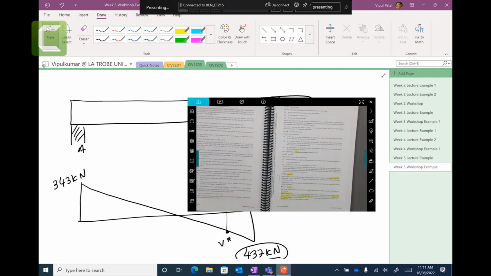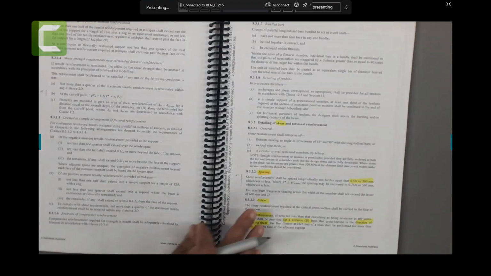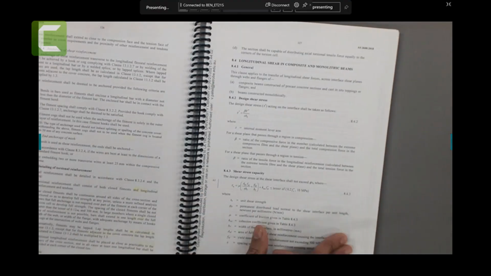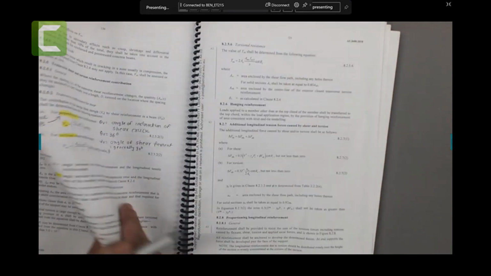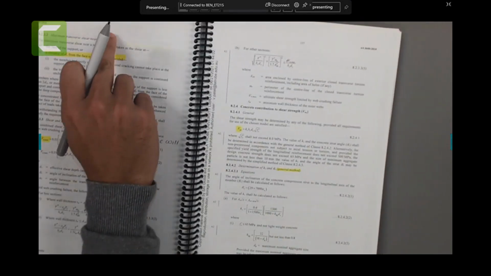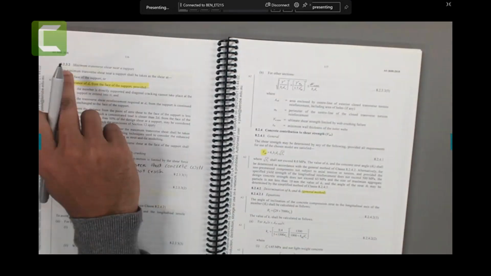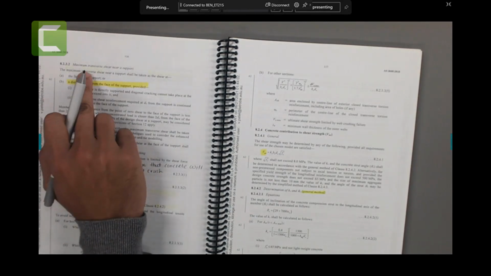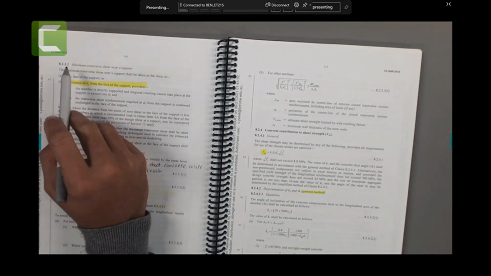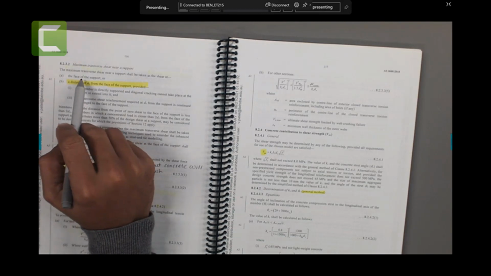I can show it to you in the clause on maximum shear at distance dV. Here you go, page number 116, clause 8.2.3.2. You can design it for 437, no problem.